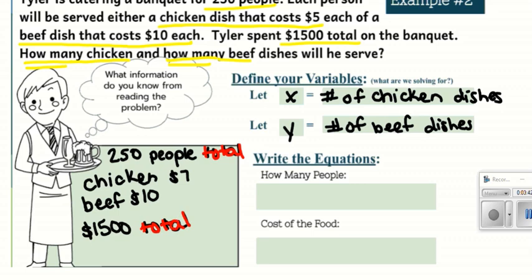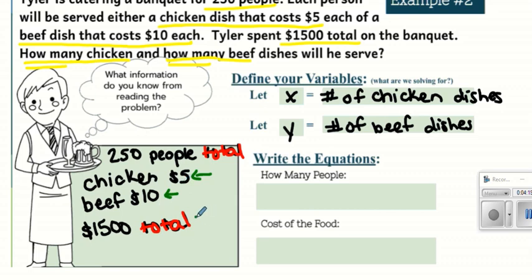Looking at my information, I can see the easiest equation. Oops, I just noticed I wrote something wrong here. I apologize about that. A chicken dish costs $5. I wrote 7. I apologize. So the easiest equation to create is the one about the cost of the food.